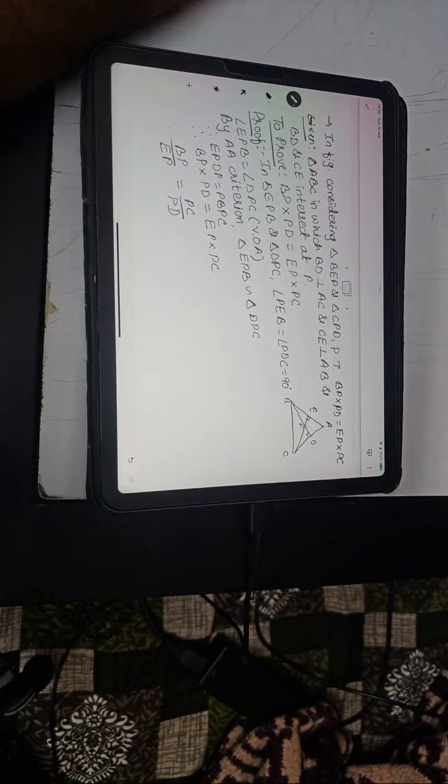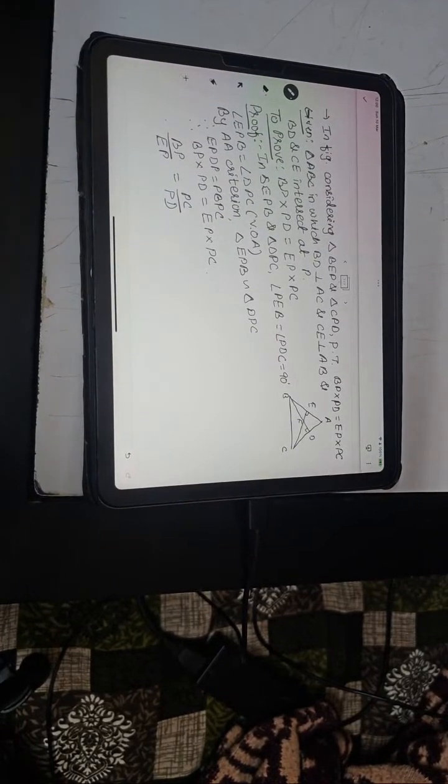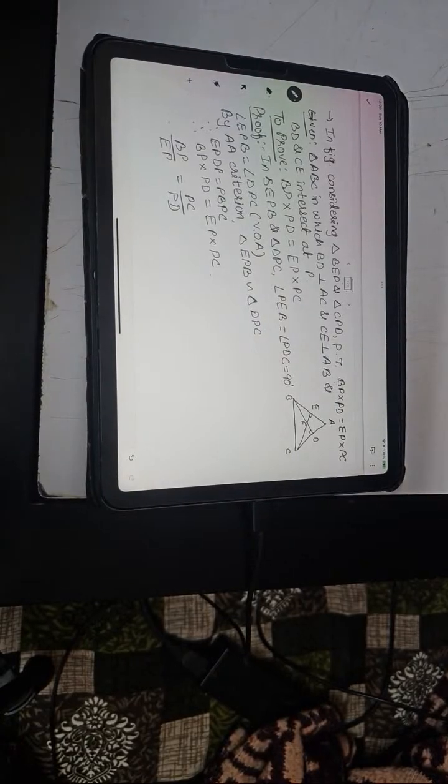See, the next sum is also an important sum and it is asked many times and it is a very common sum.